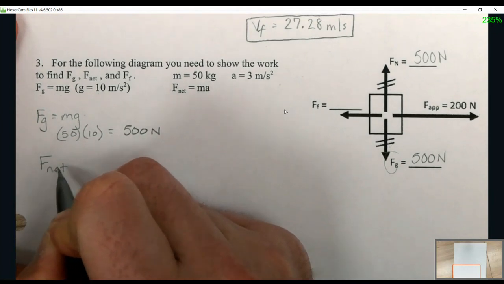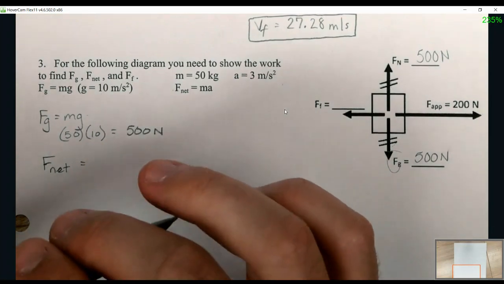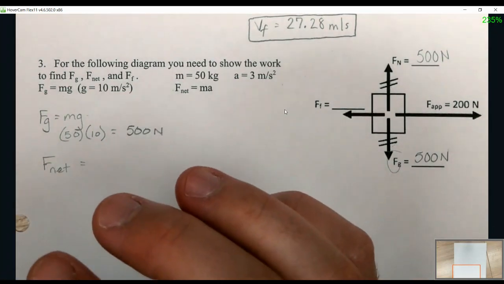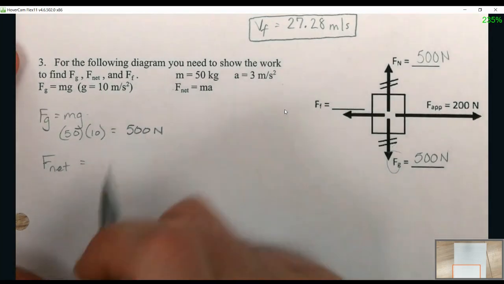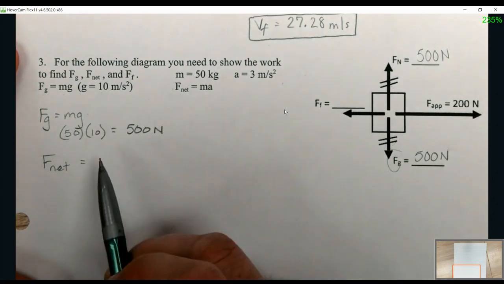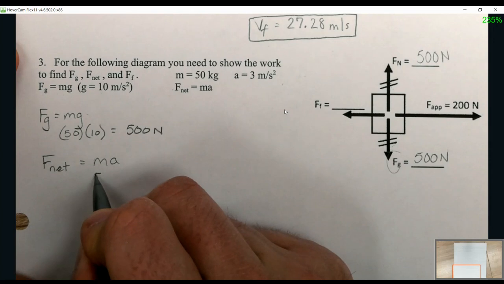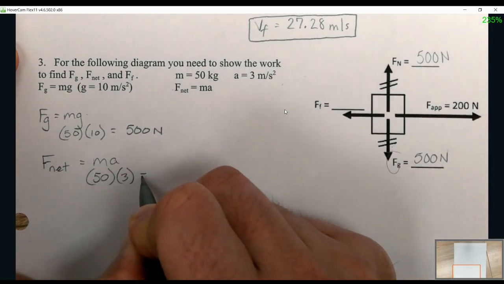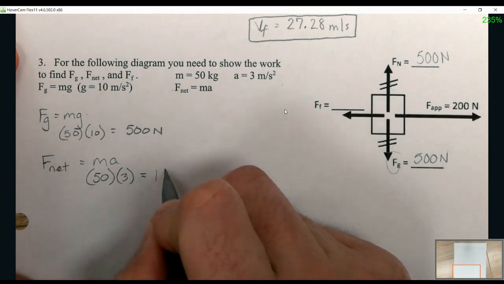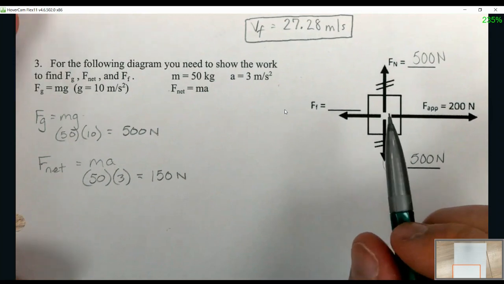The net force on an object is pretty much the sum of all the forces. So it's the net force that causes the motion of the object, and it's going to want to move in the direction of that net force. So we have mass times acceleration. Mass, again, was 50. Acceleration is 3. Multiplying those out, what does that give me? 150 newtons.